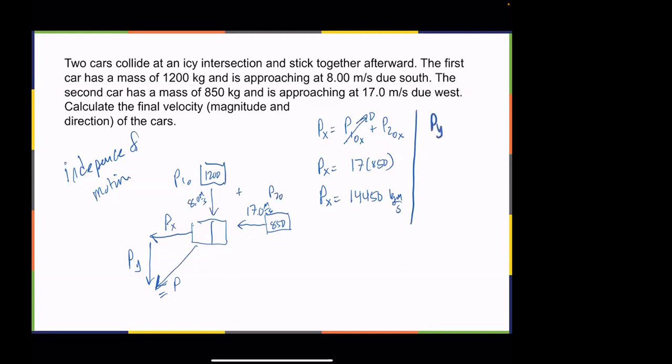And Py equals P1 naught y plus P2 naught y. That's 0. So Py equals 1,200 times 8, 9,600 kilogram meters per second.